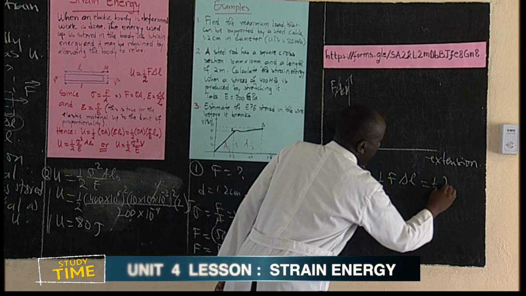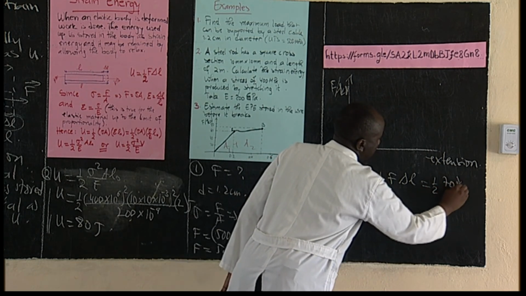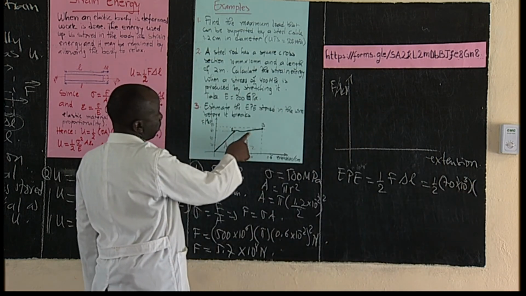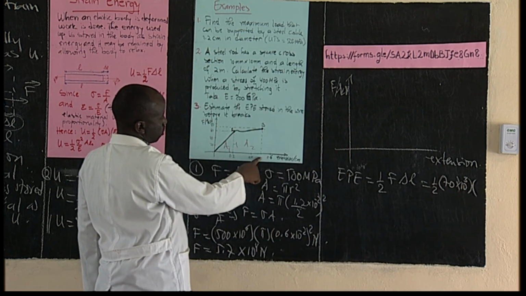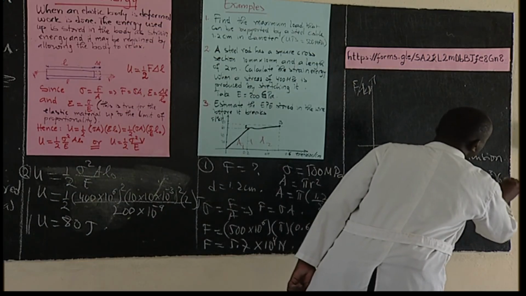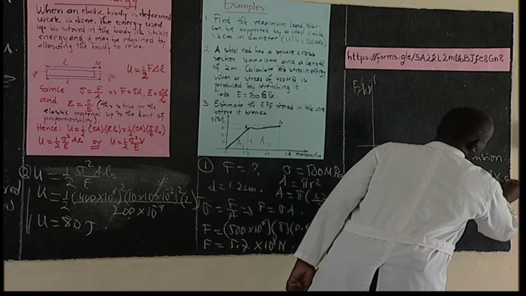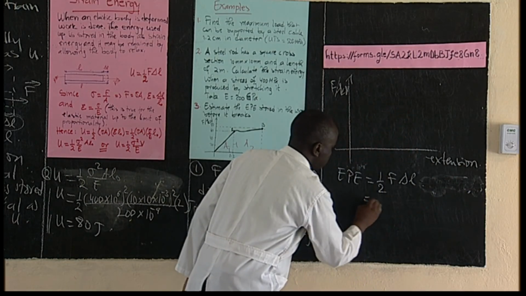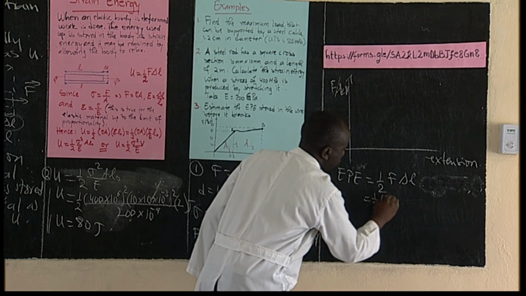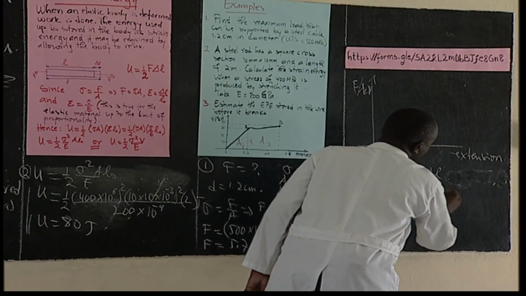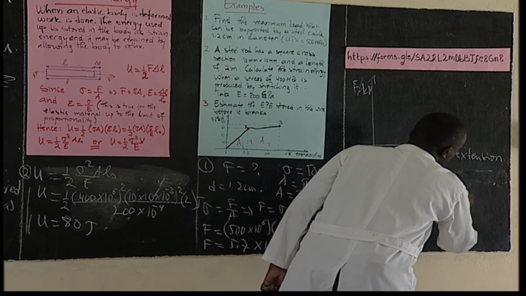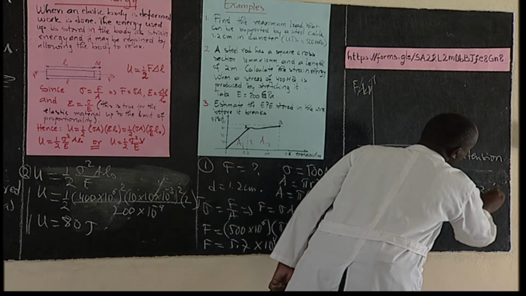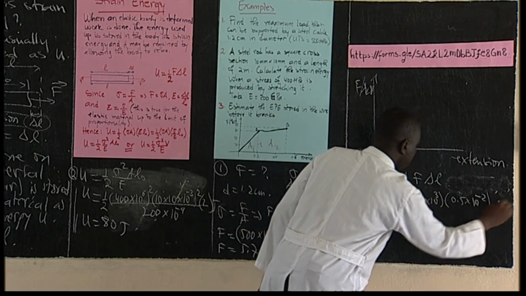So this is 70 times 10 to the power 3, then times the extension, which is 0.5 times 10 to the power of negative 2. And this is in joule.